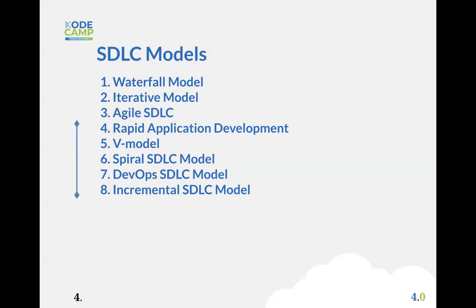We have the agile development lifecycle, which includes a lot of other methods like Scrum and Kanban. DevOps itself, in a sense, is also related to the Agile software development lifecycle. We have rapid application development, the V model, the spiral SDLC, and the incremental method.